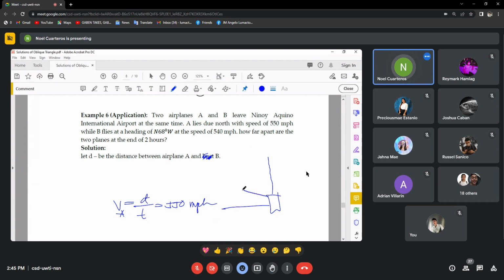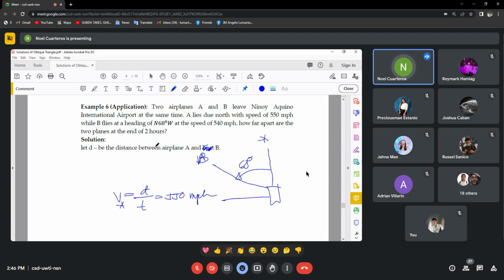So it is 68 degrees. Plane B's velocity is equal to 540 miles per hour.